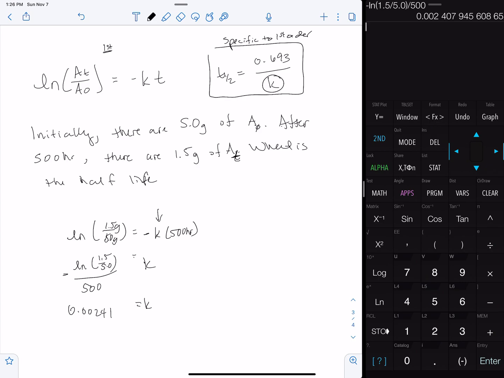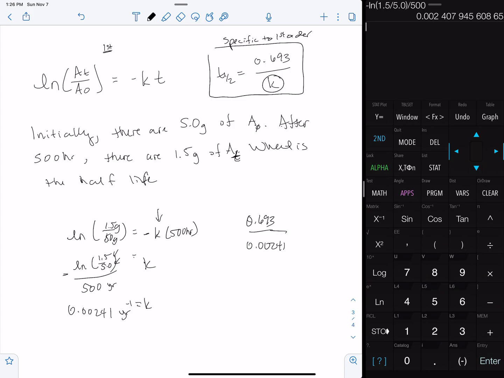So that's my k value, and if I want to know my t1/2, then I take 0.693 divided by 0.00241. Notice that the way this works is that this is unitless, but this came over in years, and it's in the denominator. So the unit for that is inverse years. It just means per year.